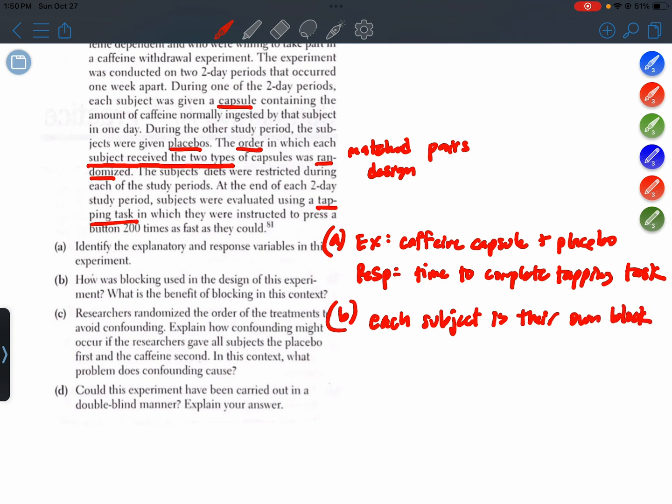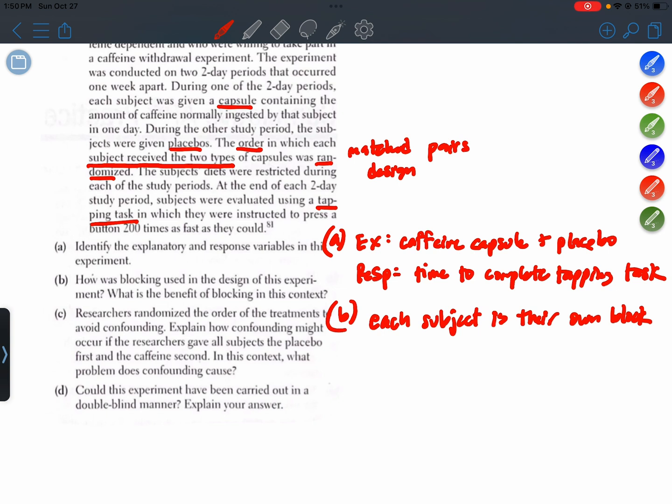And by blocking or pairing each subject with themselves, we should be able to reduce confounding due to other factors like age, gender, height, weight, whatever.